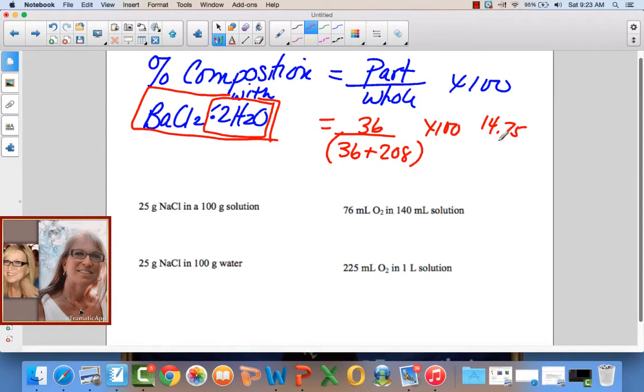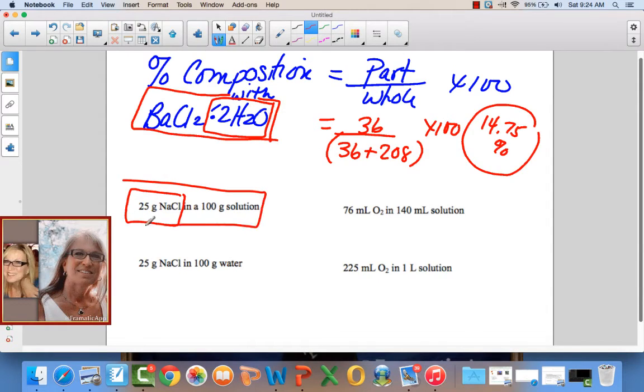Now, that's straight percent composition. Sometimes they mix it up a little, and they say 25 grams of NaCl in a 100-gram solution. So in this case, my part is this, and my whole is the whole thing.